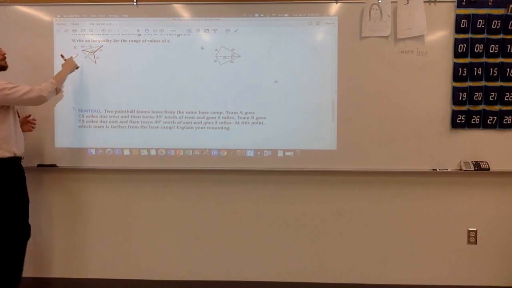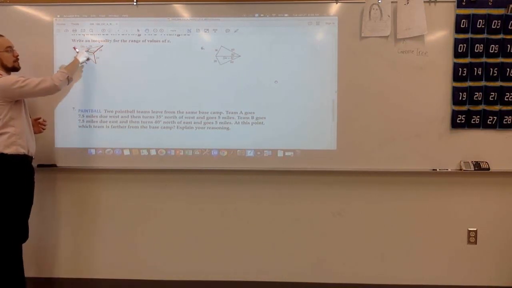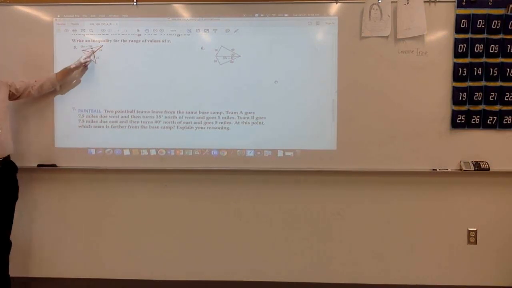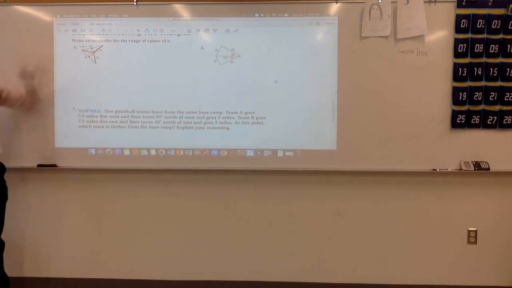So I'm going to end up comparing this 4x minus 10 and this 40. So what I'm looking at is these two angles. Well, 120 is obviously larger than 115. So that tells me that this side, 4x minus 10, is bigger than this side, 40.